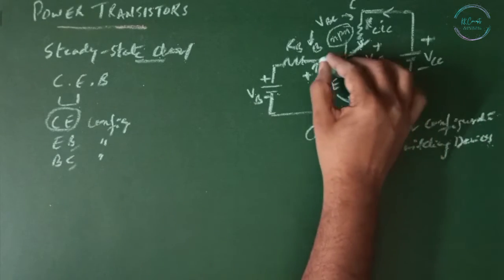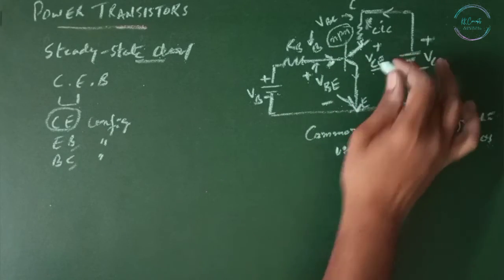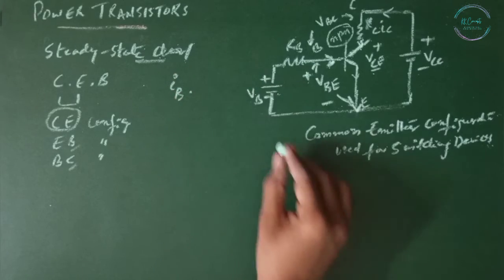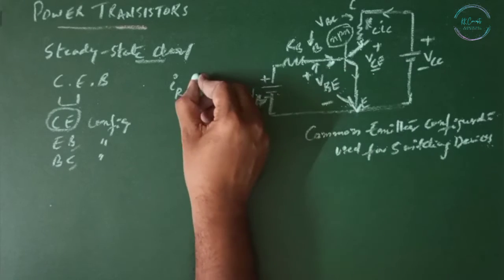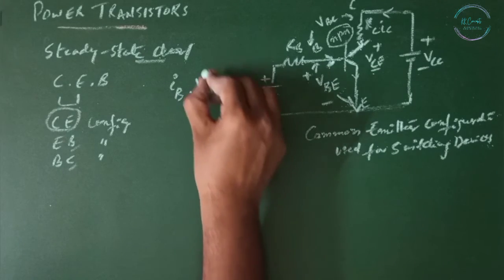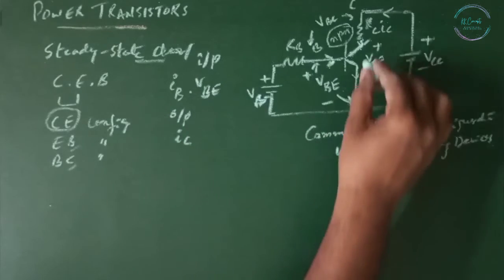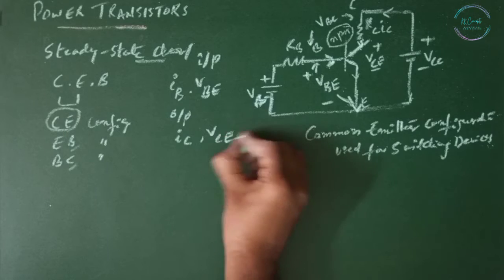If you observe, this is our input base and this is our output terminal. So the input current is IB and the input voltage is not VB, it's VBE. These are the inputs, and the outputs are the current IC as well as VCE.